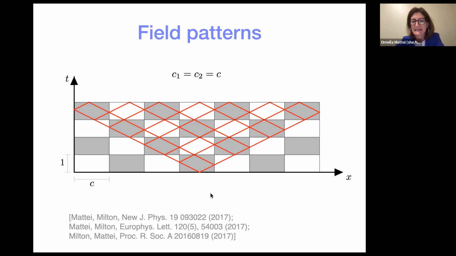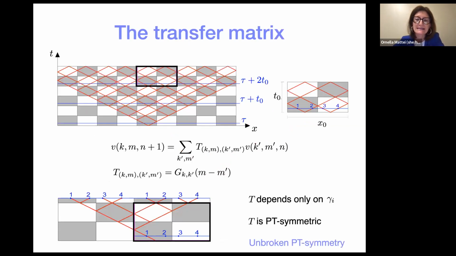So to do that, given that this pattern of characteristic lines is periodic, what we can do is compute the solution only at certain moments of time and certain points. We don't need to compute the solution everywhere in the domain. So what we did was to compute the transfer matrix associated with a unit cell of this domain.